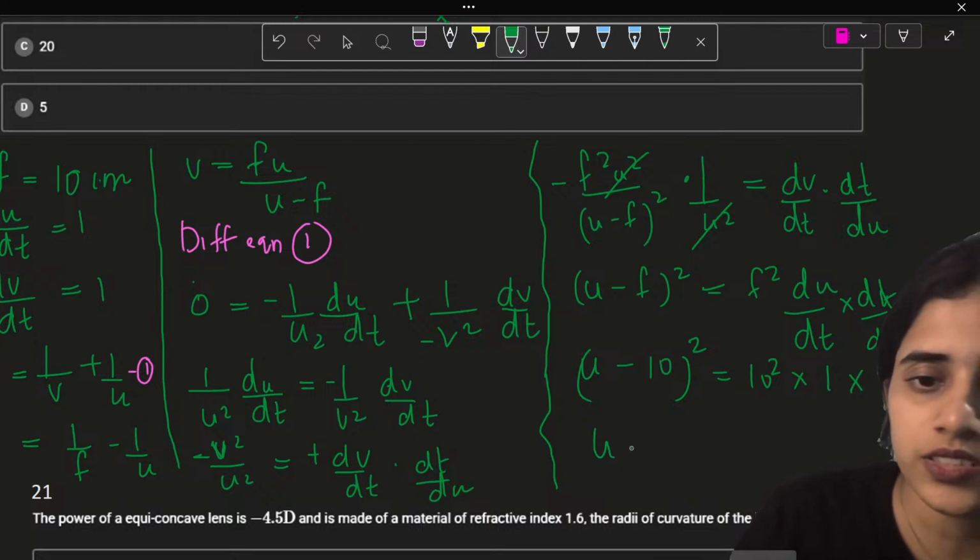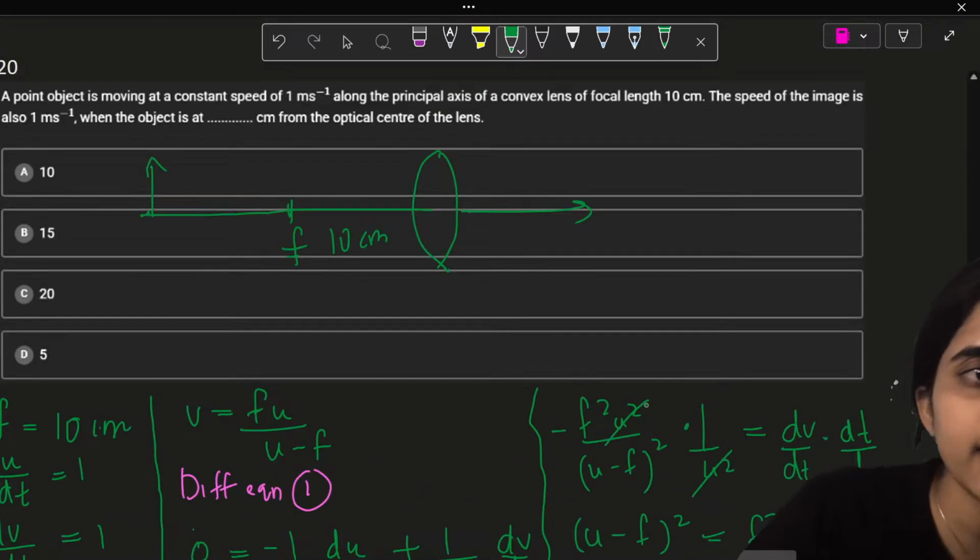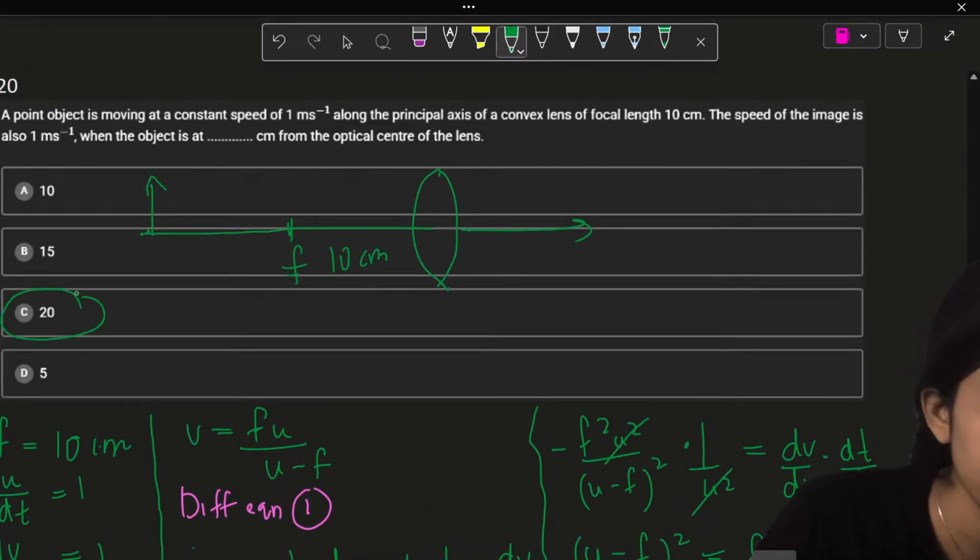So this is u minus 10 square is u minus 10 is equal to 10. Since there is 10 square on both the sides, this is 20. 20 centimeters.